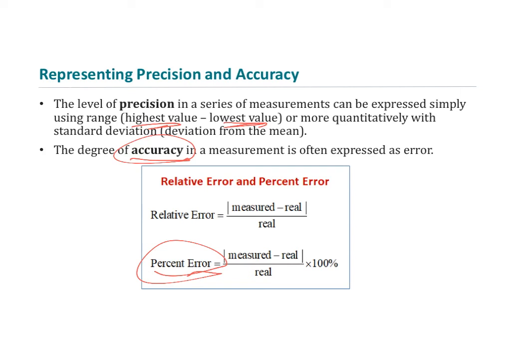It's a formula you'll get real familiar with in lab. It's an absolute value, so there are no negative percent errors. You take the measured value, say 10.3 milliliters, minus the real or target value, which would be 10, divided by the real value, and then times 100, and that gives you your percent error.